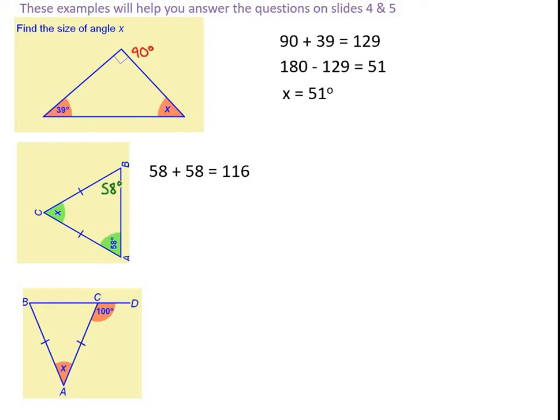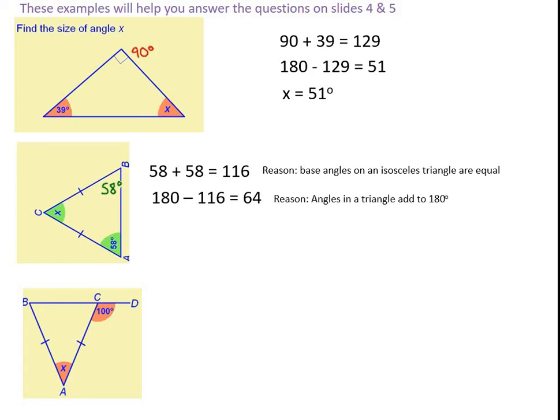If I add those together, I get 116 degrees. Then, if I subtract 116 from 180, I know that x is 64. The reason for my answer is that angles in a triangle add to 180 degrees. So x is 64 degrees.